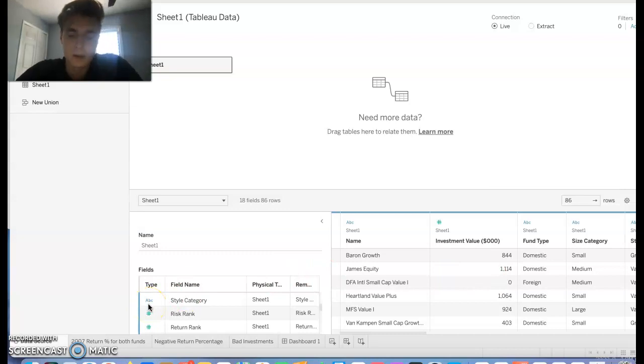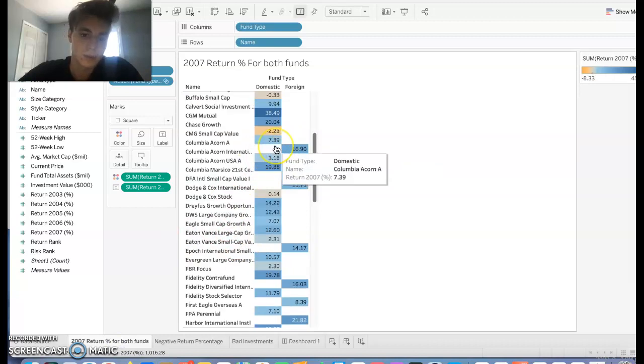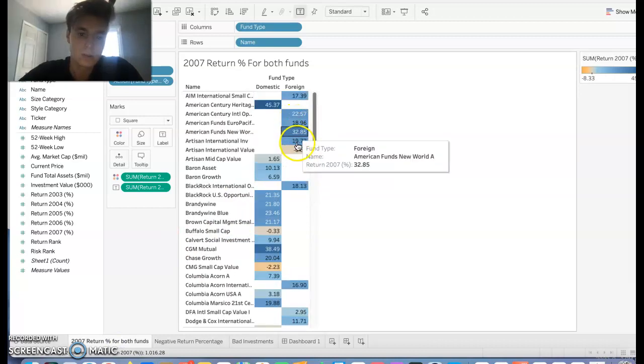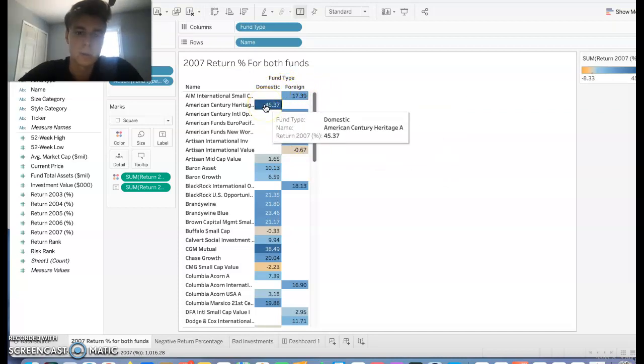So what I wanted to do first was just see the latest return percentage, so basically 2007, for funds. So for my first sheet, I wanted to see if there were any ones standing out, any outliers. As we can see, American Century Heritage A has a really good return.